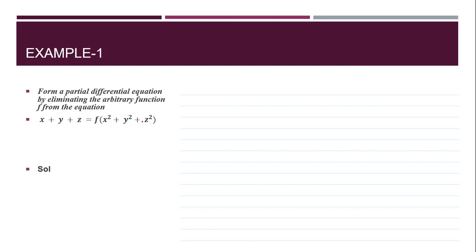By eliminating this. I will differentiate asterisk with respect to x. If I differentiate with respect to x, I will get 1 for x, y will give me 0, plus del z by del x is equal to, now here I have a function of x square plus y square plus z square, and if I differentiate it, what I will get is its derivative.